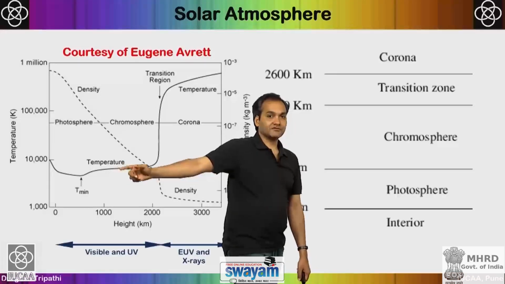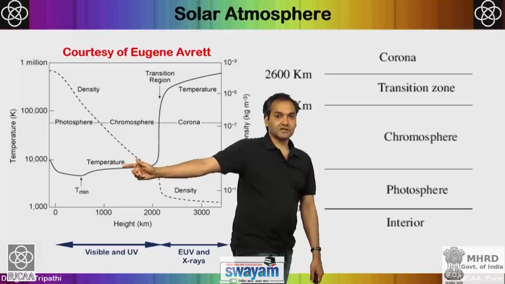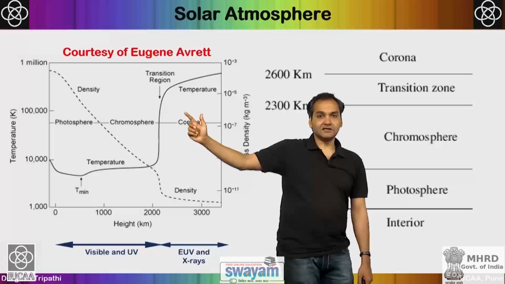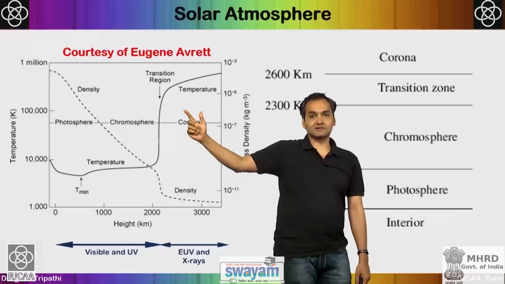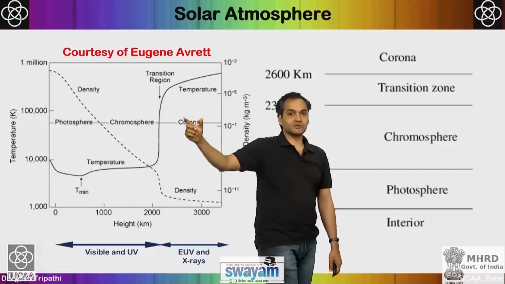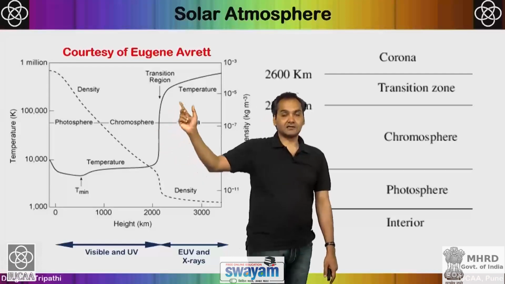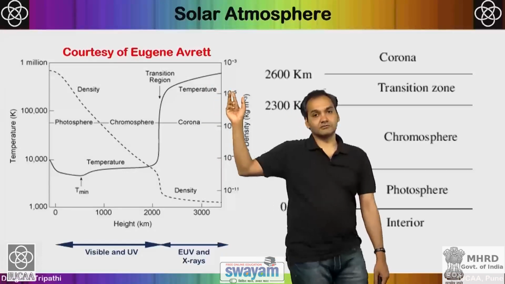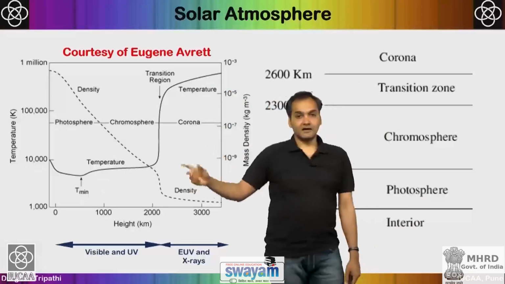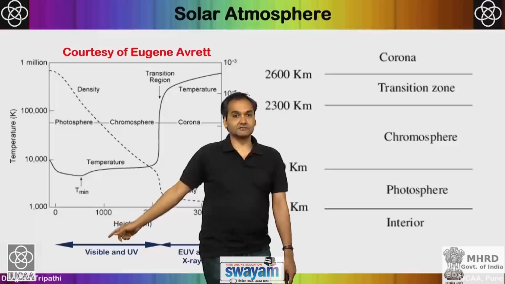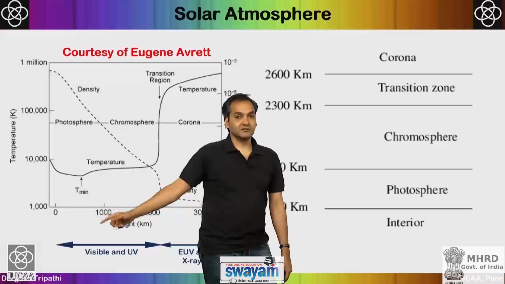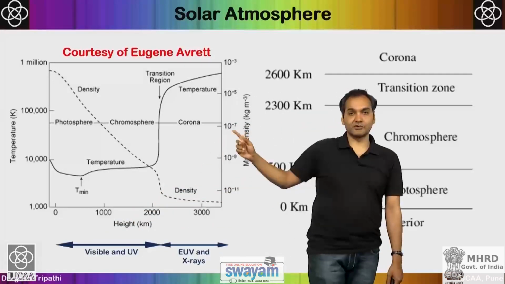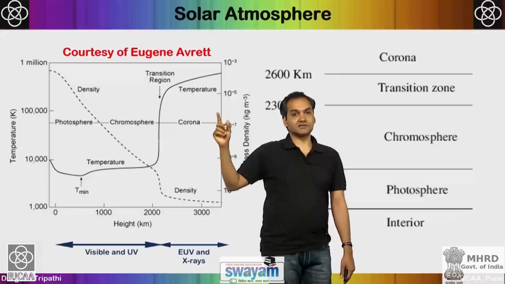It forms a plateau in the chromosphere, then it shoots to 1,000,000 degrees in the transition region, and that provides an interface between the chromosphere and the higher atmosphere in the corona, and then it stays at about 2,000,000 to 3,000,000 degrees. In that region, the photosphere and chromosphere produce visible and UV photons, whereas X-ray and EUV photons are coming from the transition region and the corona.